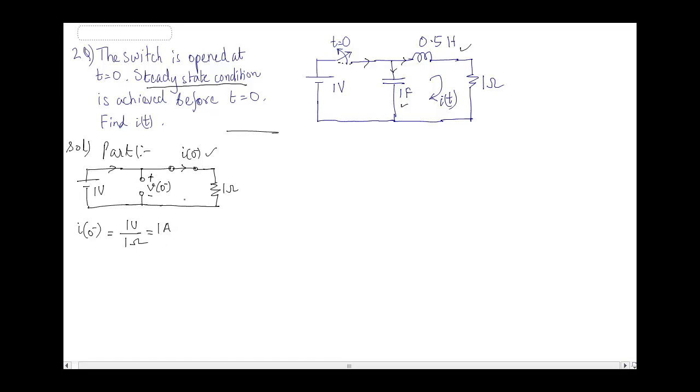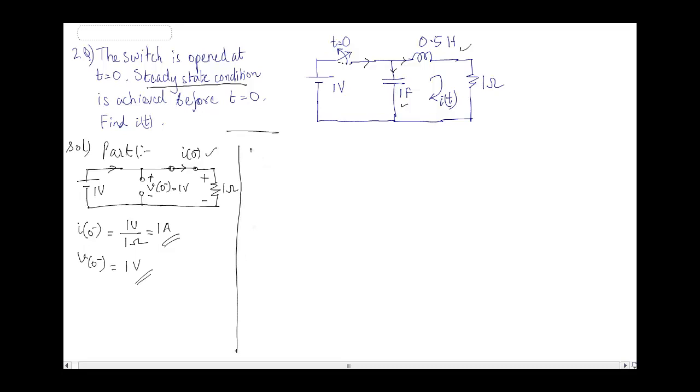If that 1 ampere current is passing through this, then I will have plus minus 1 ampere into 1 ohm. So the voltage across this is 1 into 1, which is 1 volt. So the voltage across the capacitor should be equal to 1 volt. I will write V of 0 minus is equal to 1 volt. So I have got the initial conditions.